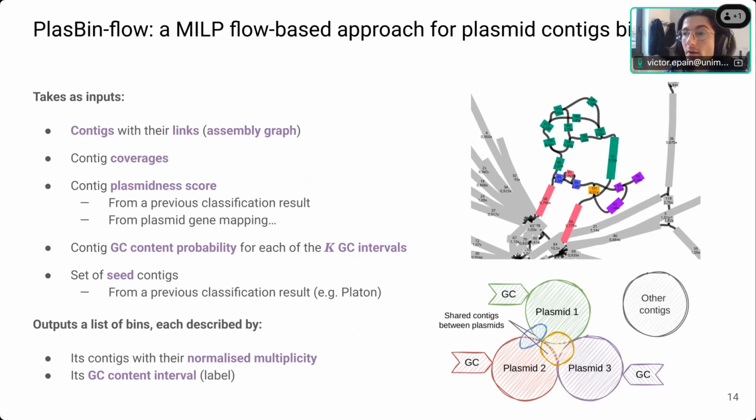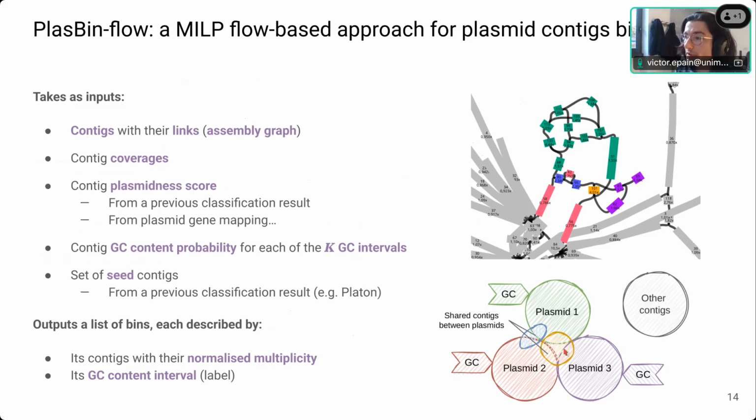The seed contigs are contigs identified as plasmids with a really high plasmidness score, for example. What they output is a list of bins, and each bin is described by a list of contigs associated with their normalized multiplicity, and each bin is labeled by the GC content interval.